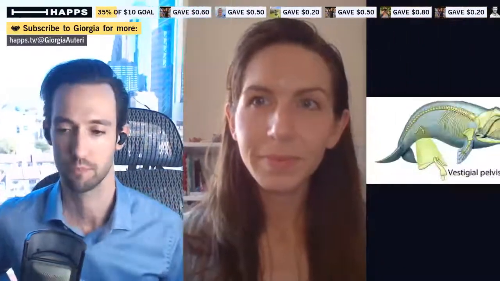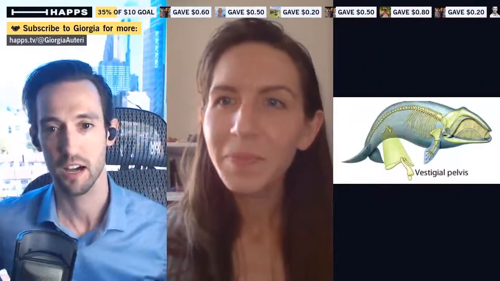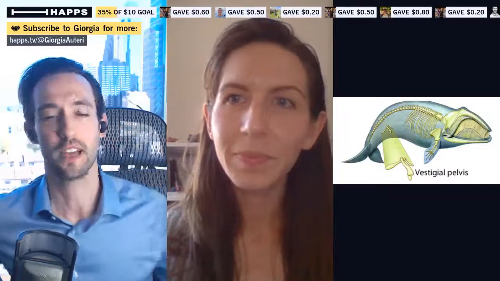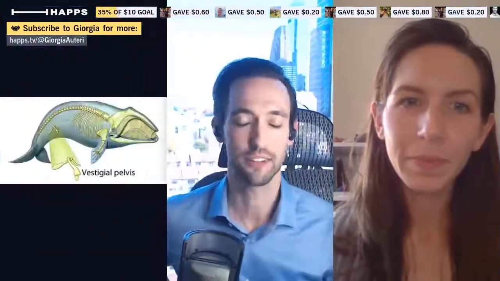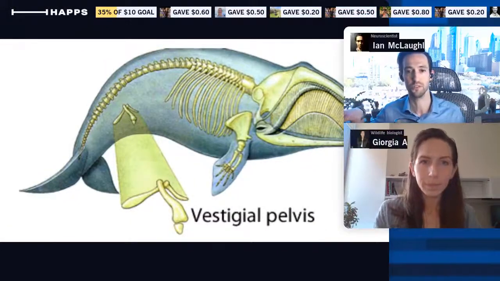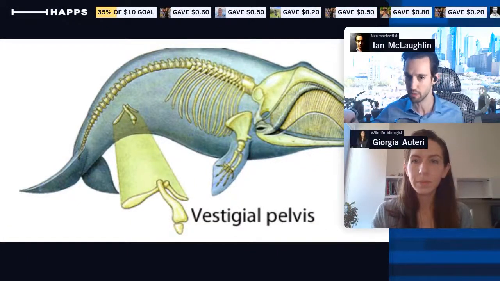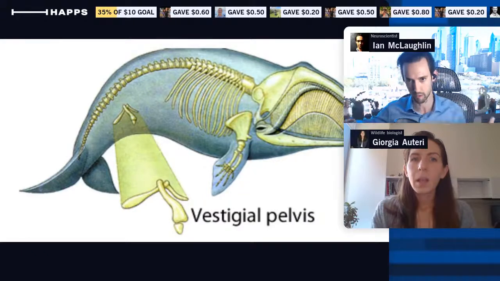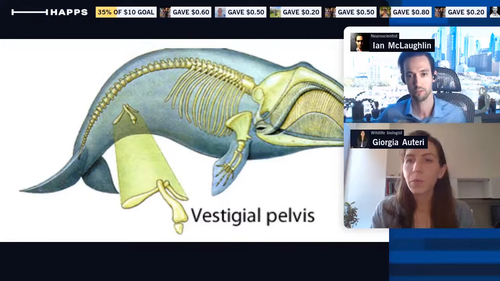So Georgia, when I was looking at that image, the cartoon of the whale pelvis one, oh yeah. So in their fins, I've always wondered this, and I've never taken the time, but are those finger-like bones considered vestigial, the bones themselves, or do they play an important structural, mechanical role? Right.